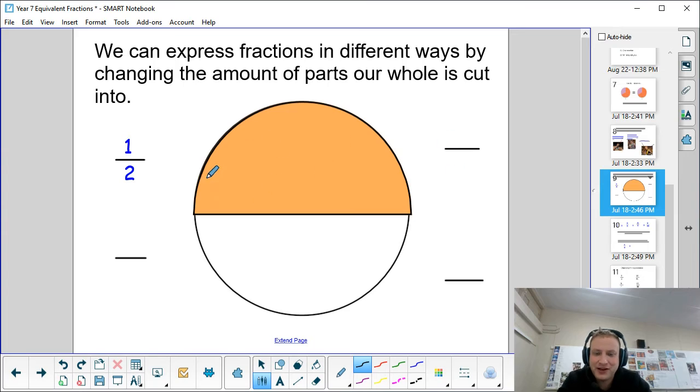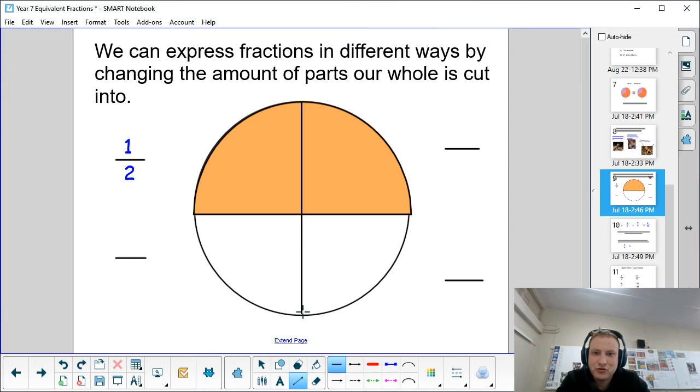So here is a pretty clear half because we've got two pieces and one of them shaded in. Making an equivalent fraction is basically as simple as changing the amount of parts that my whole is cut into, right? So if I'm cutting it into more parts, so now we're dealing with quarters instead of halves, right? You'll notice the shaded amount doesn't change, right? It stays the same. The same proportion of my circle is still colored in. Half of my circle is still colored in.